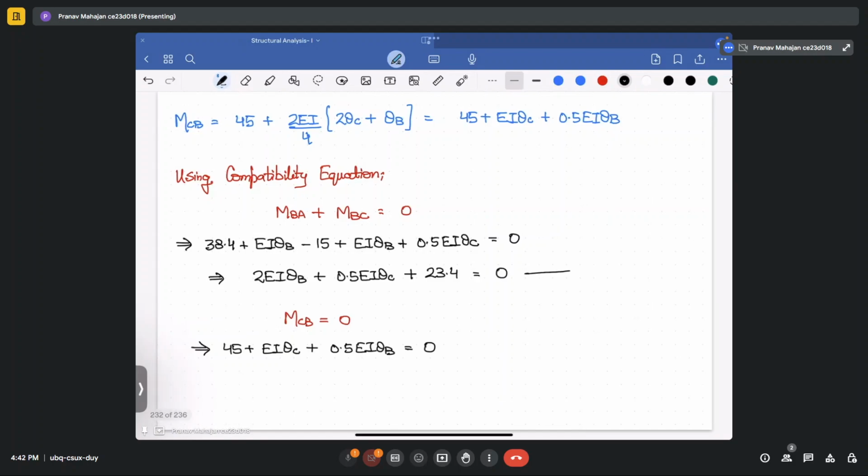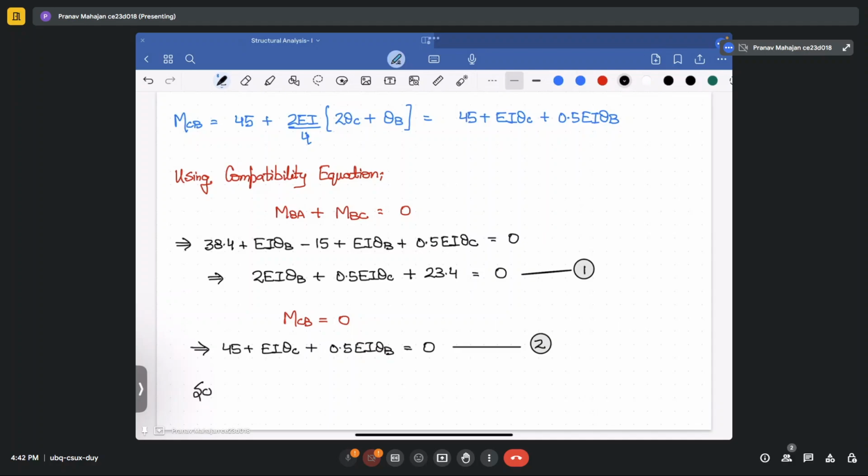Now take this as your equation 1, and this will be your equation 2. So we will solve both of these equations and try to get the values of theta B and theta C. Two equations, two unknowns, so now we can easily get it.